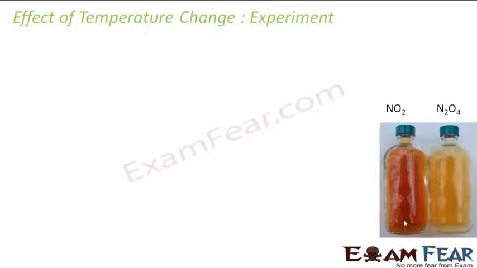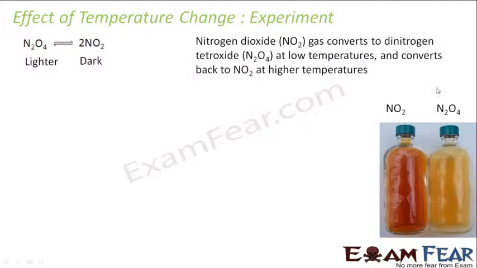Let's take an experiment on temperature change. You must have seen in the lab NO2 and N2O4. NO2 is dark and N2O4 is light, and this is how it behaves. NO2 at low temperature moves to N2O4, and N2O4 moves back to NO2 at high temperature.